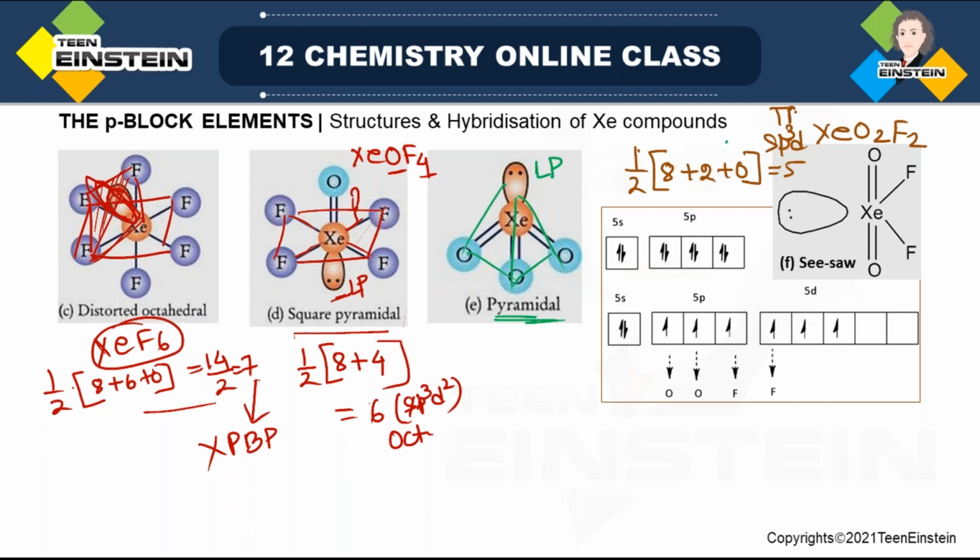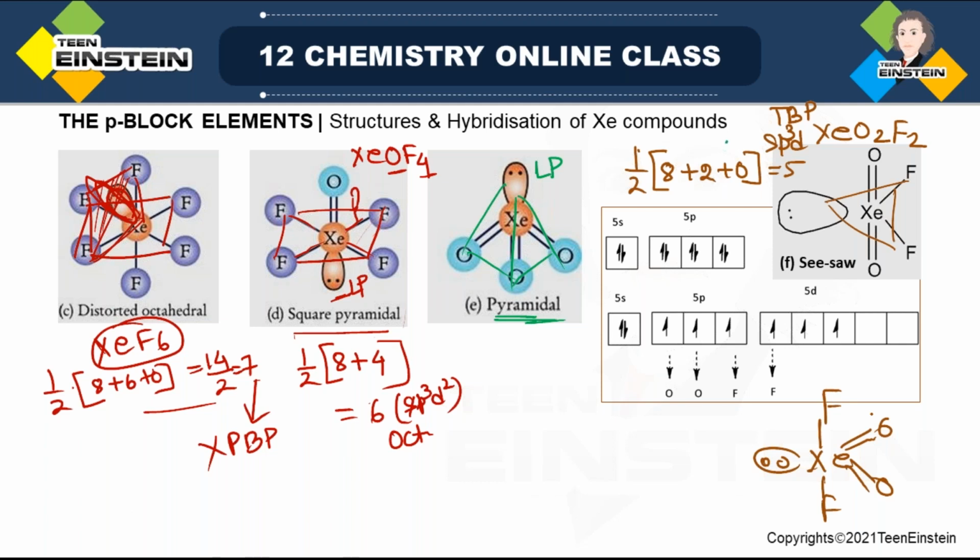sp3d means TBP, trigonal bipyramid. This is the trigonal, and the two axial positions would have the double bond. Sometimes the structure should be like this, because double bonds are mostly placed in the equatorial position.